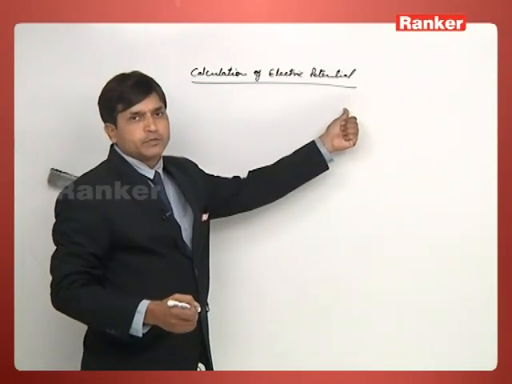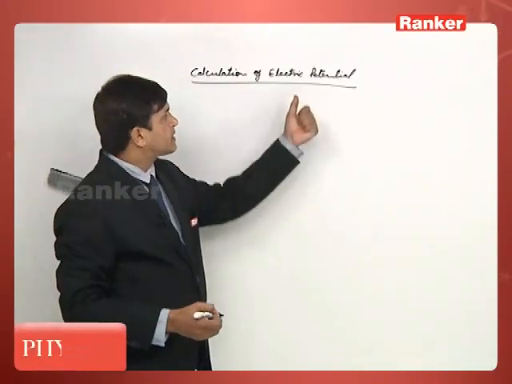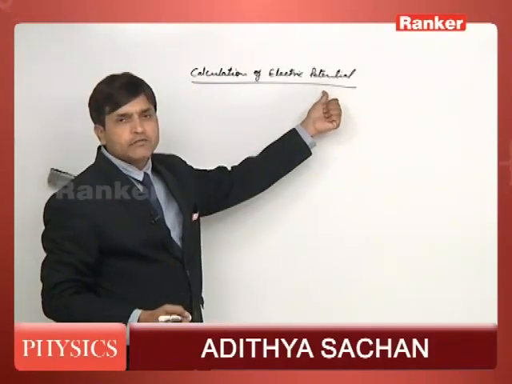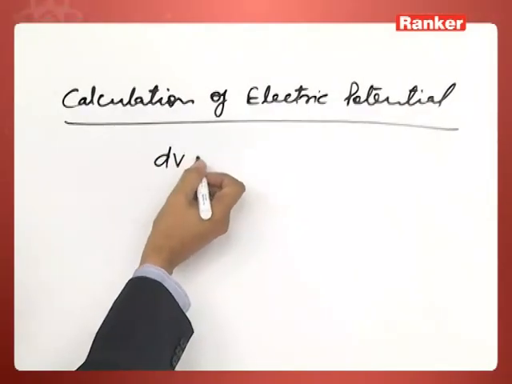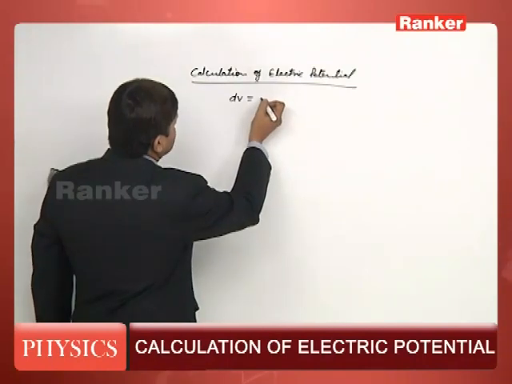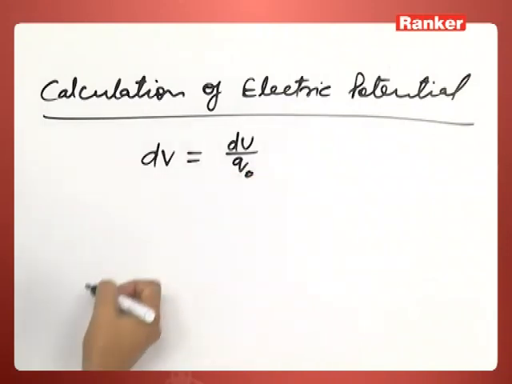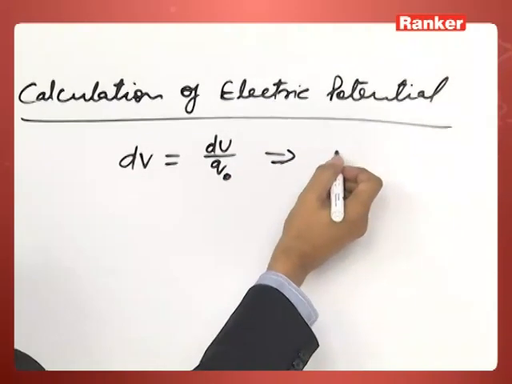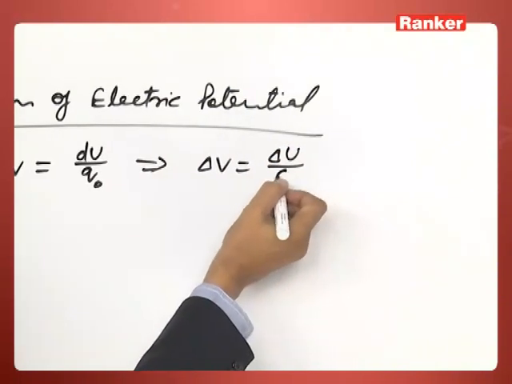Calculation of electric potential. Whenever we have to calculate electric potential, we will go with the very basic or fundamental relation as we have derived earlier or defined. Change in potential is given as change in potential energy per unit charge, or we can write delta V is your delta U by Q naught.